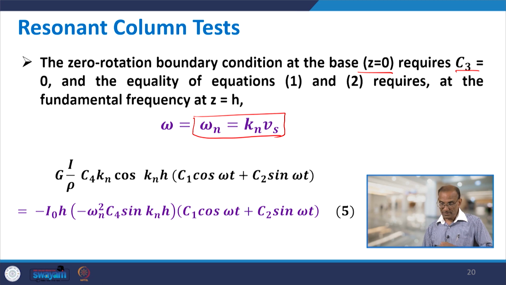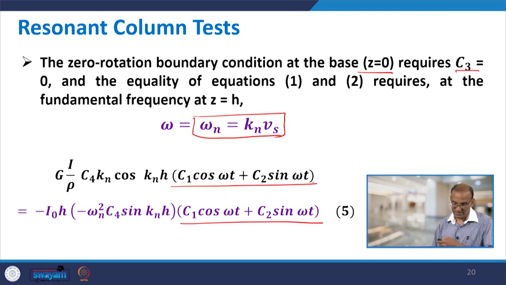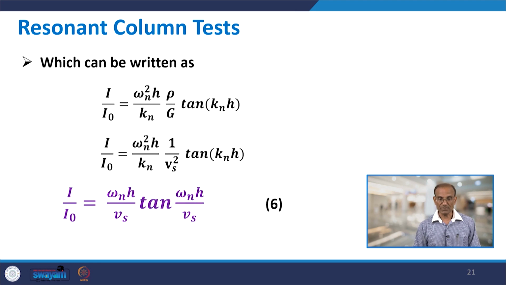Now, in equation number 5 this term and this term will be cancelled out from both sides, and in fact C4 will also be cancelled out. So, as a result you will not be left with any of C1, C2, C3, C4 when we manipulate this equation. So, equation 5 is simplified like this.